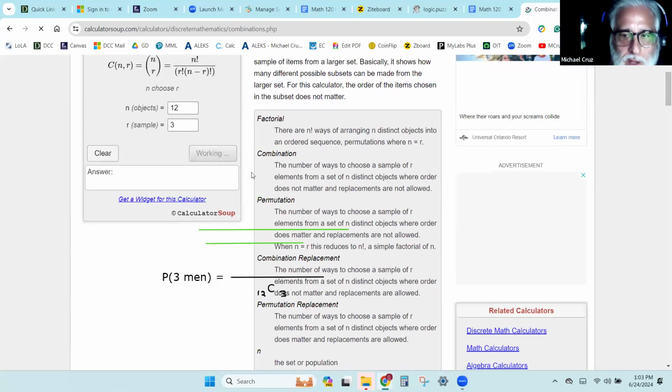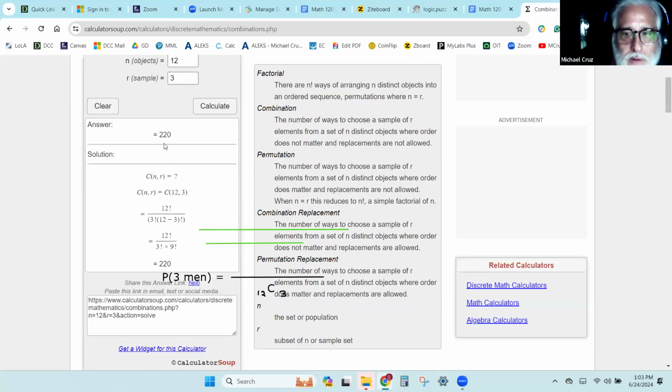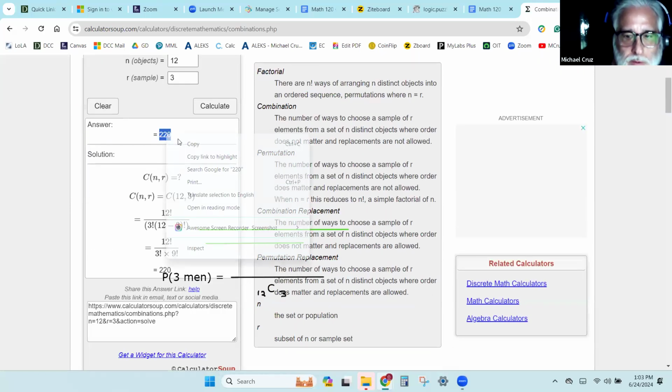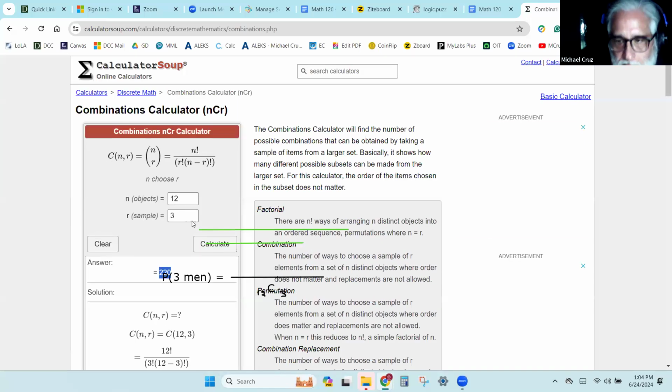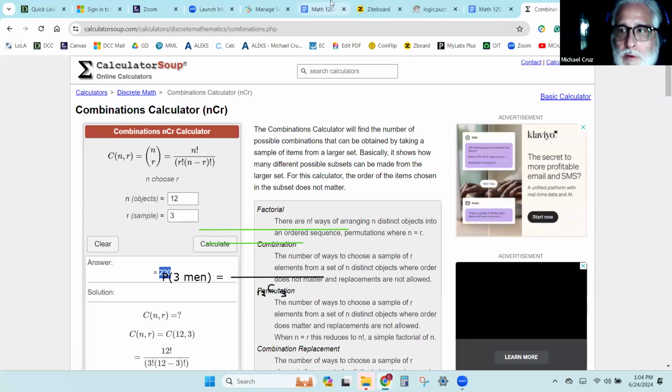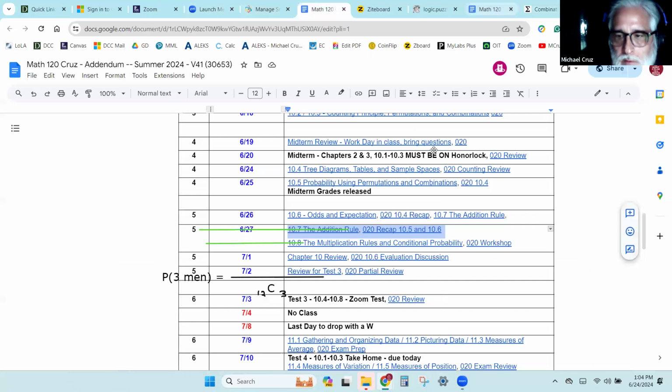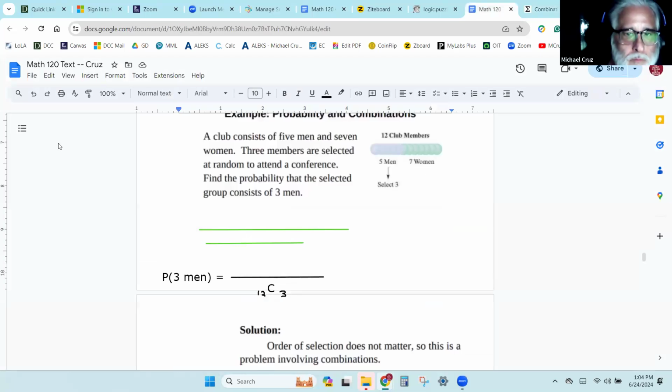The same thing you would get with your calculator. So there should be 220 then here at the bottom. So let's go back over there. So that denominator that we just calculated is going to be right there.